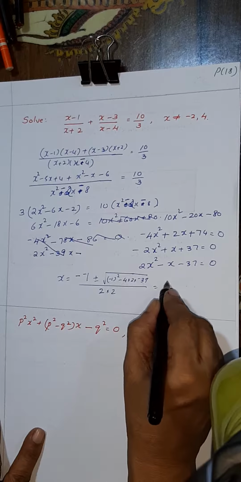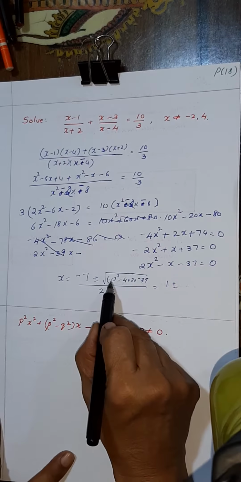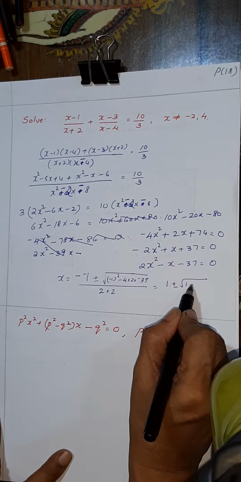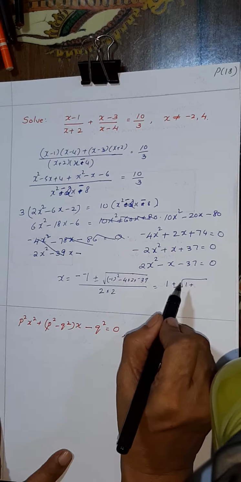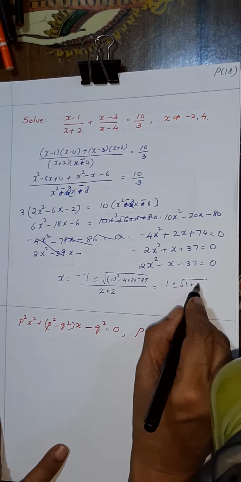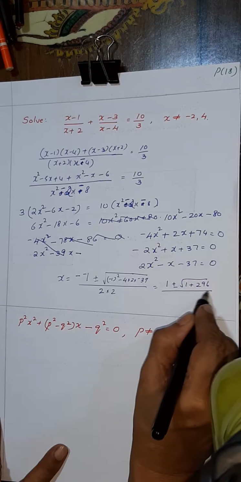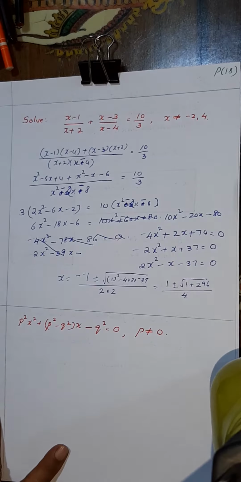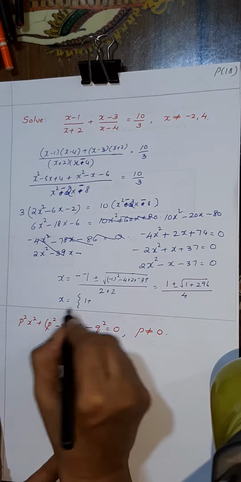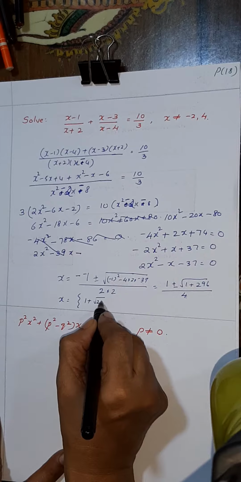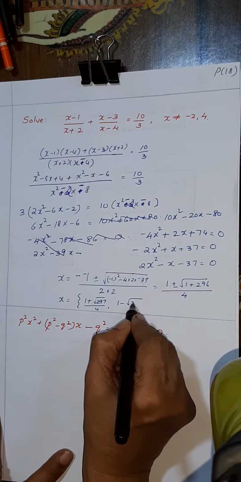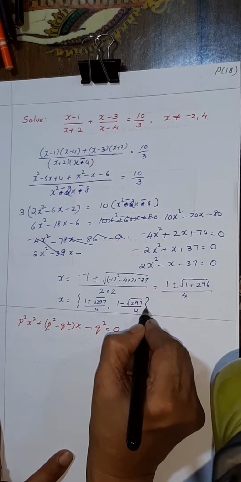So this is equal to 1 plus or minus root of 1 plus 37 times 8, which becomes 297, by 4. So the values of x are 1 plus root 297 by 4 and 1 minus root 297 by 4.